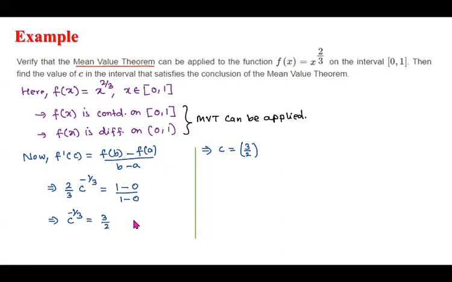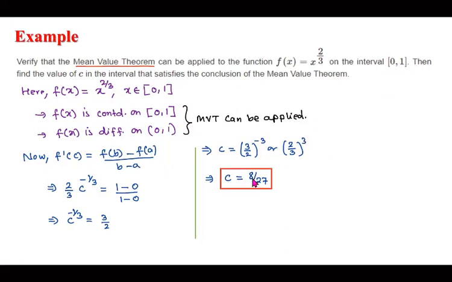That is the same as 2/3 raised to 3. So the value of c is 2 over 3 cubed. 2 cubed is 8 and 3 cubed is 27, so c is 8 over 27. That is the value of c guaranteed by the mean value theorem, which lies in the interval from 0 through 1.